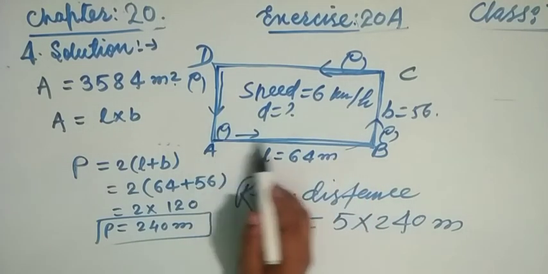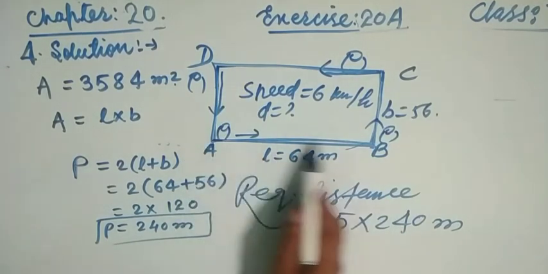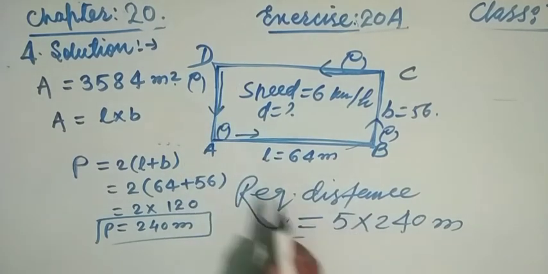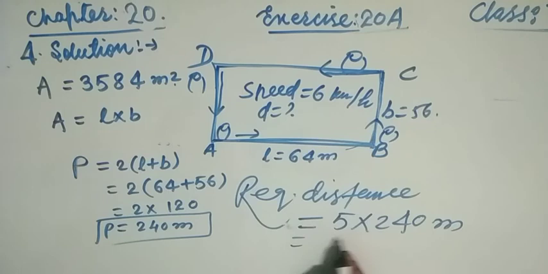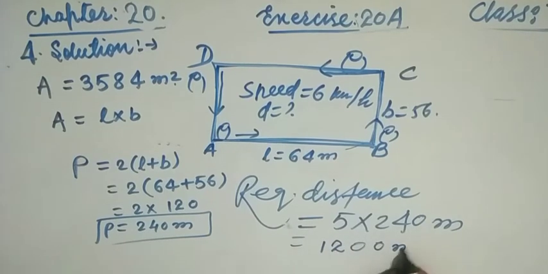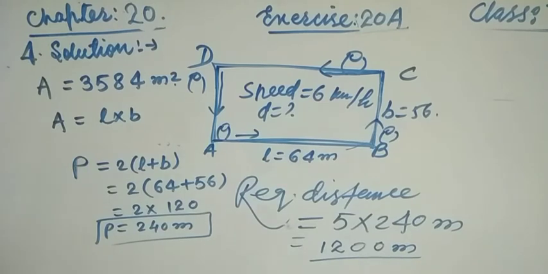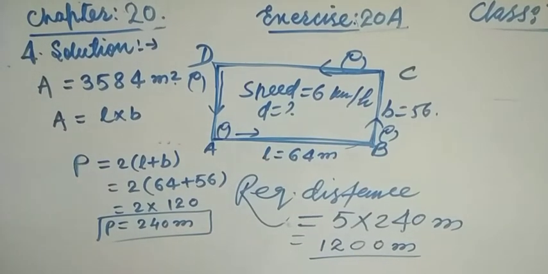That means if he runs one complete perimeter, then similarly we can run 5 times of this perimeter. So 5 multiplied by this perimeter, friends, so this is 1200 meter. This is the required answer. I hope you will be clear.